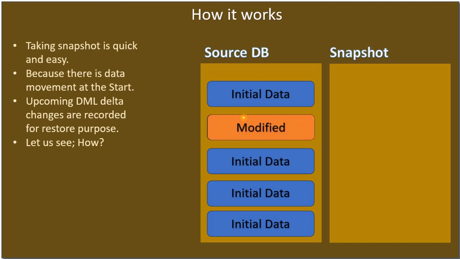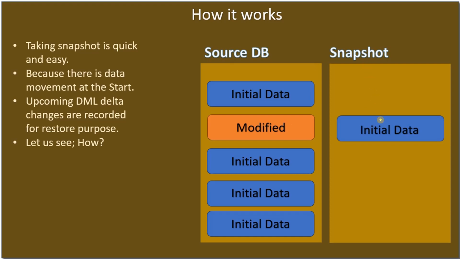So these are all the data pages. When a page is modified, what happens? We already took a snapshot, right? The original data moves to the snapshot. So the source DB contains modified data, and unmodified data, or the page without any modification, will move to the snapshot.